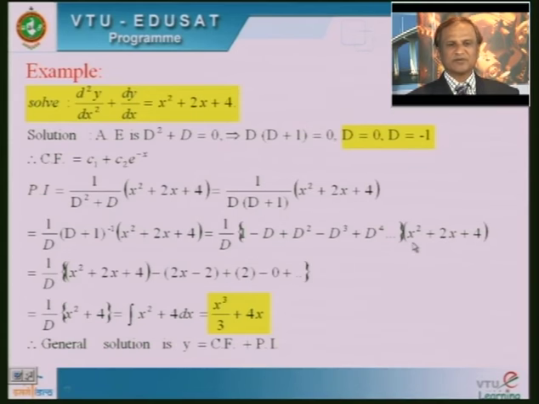So, what is the derivative of x square? Derivative of x square is 2x, what I have written here, plus derivative of 2x is 2. Derivative of a constant term is 0, that is why I have not written the 0. Exactly in the similar way, if you differentiate one more time, I hope you will get 2, minus 0. So, now you can simplify.